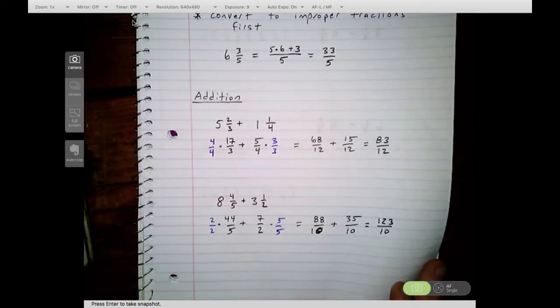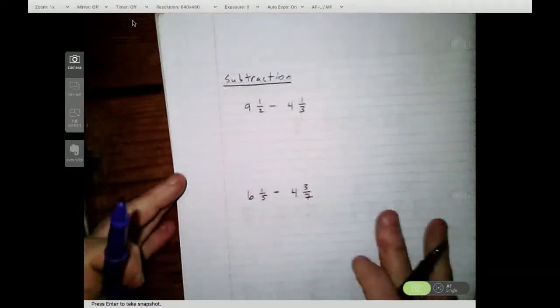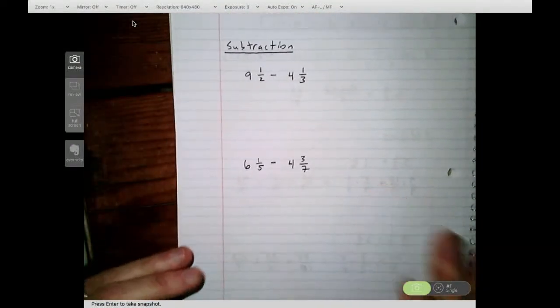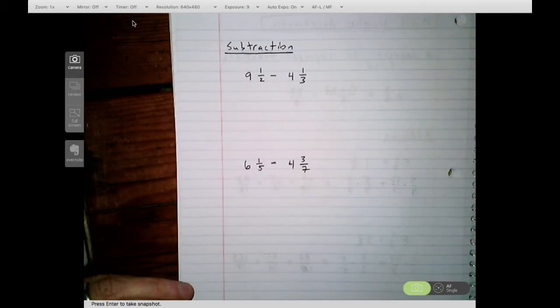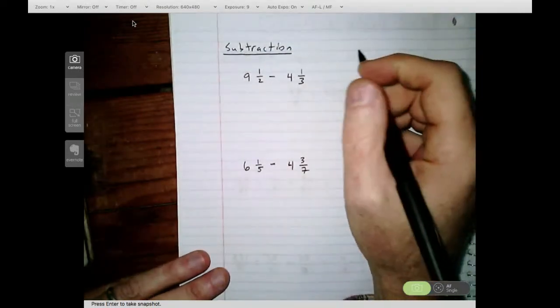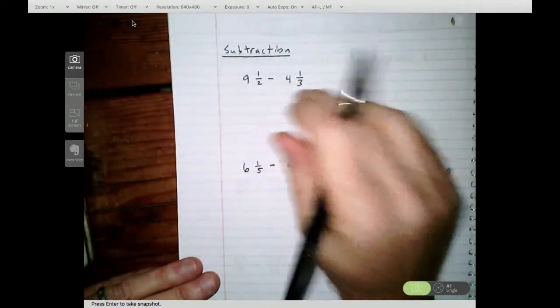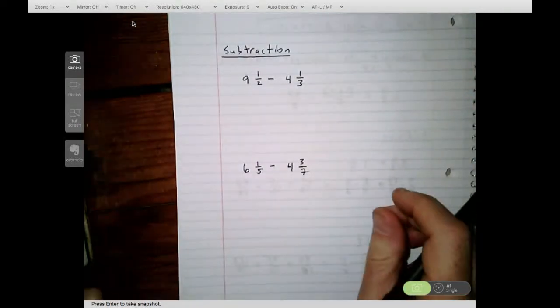Okay, now let's look at some subtraction problems. Then we'll do multiplication and division. Again, subtraction is just like adding. We're going to go to improper fractions, get our common denominator, and subtract.